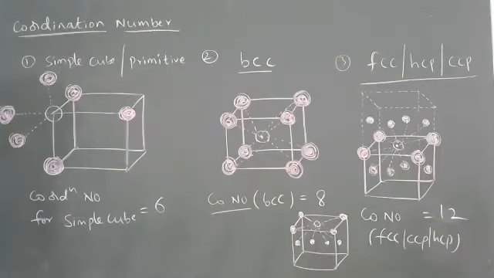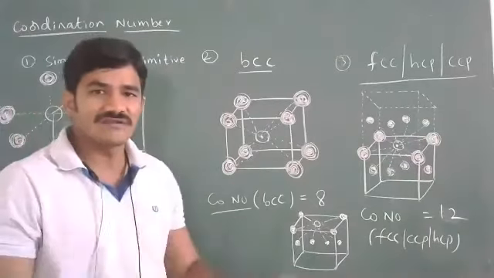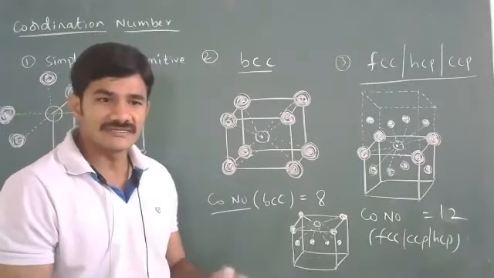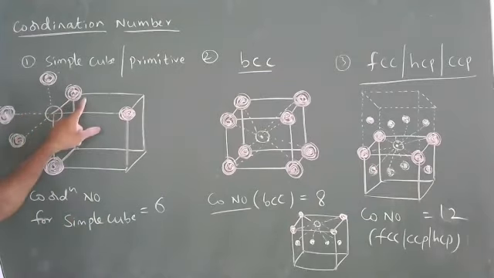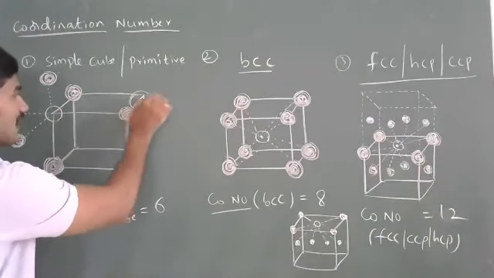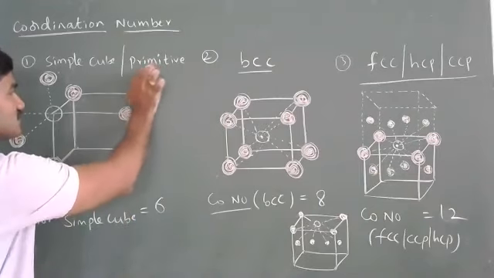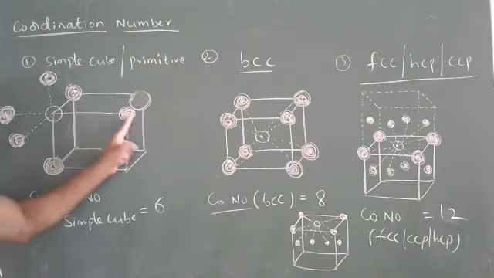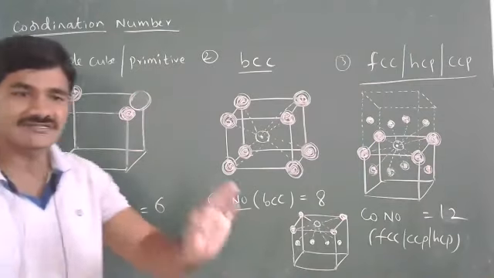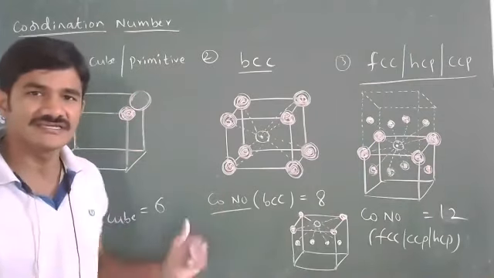Okay, now listen. One more point to remember. Always remember, in simple cube, atoms present in the corners touch each other. These two will touch, these two will touch, these two will touch. Atoms present in the corners always touch each other in simple cube.